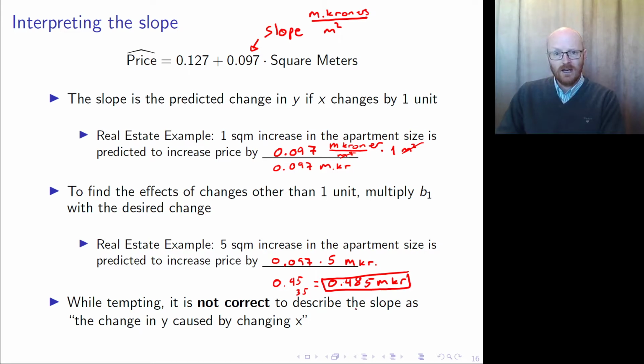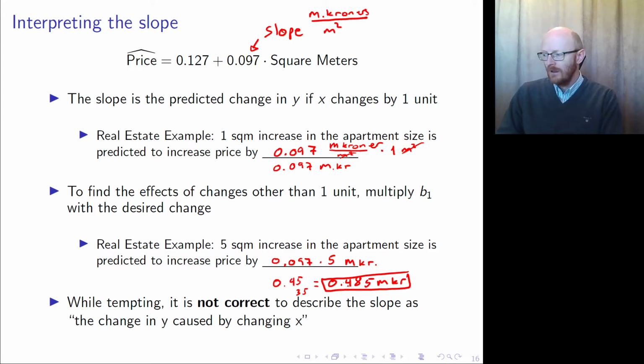So now we have found how much more an apartment would cost on average if it had 5 additional square meters.